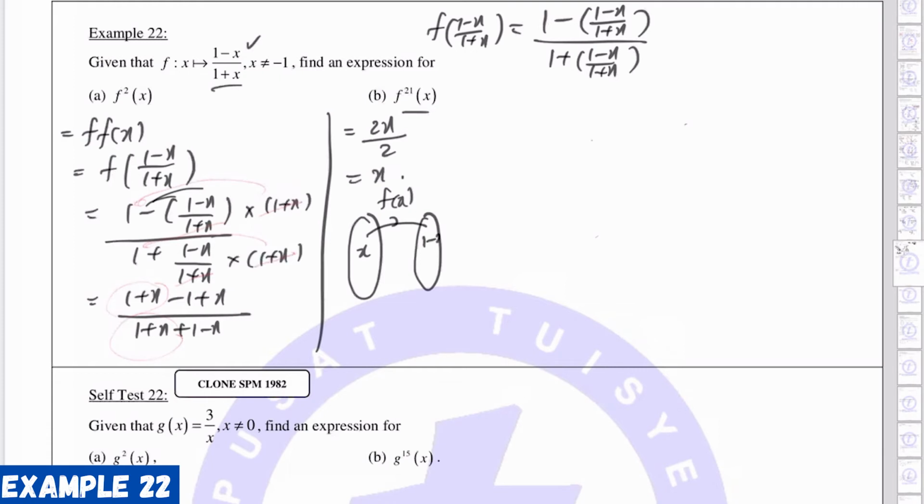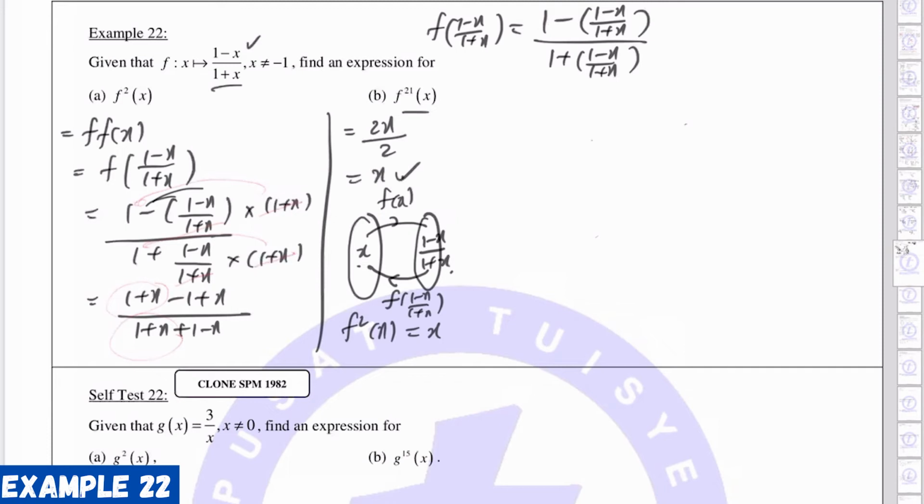But the moment you do f(2x), you will get back x here. So if I go through the function one more time, you will return to (1 minus x) over (1 plus x), because this is now your object, this is now your image. So you get back to the same position where you started.